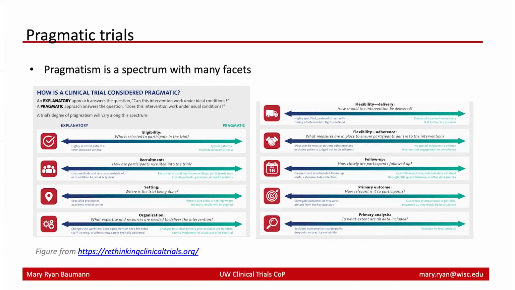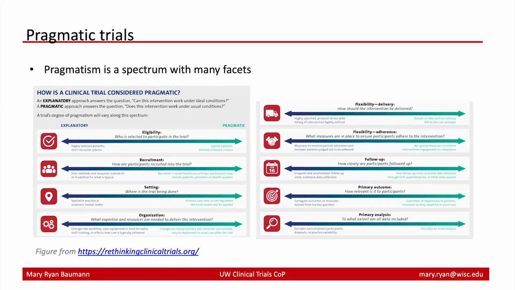We can think of pragmatism in terms of recruitment. How are you actually getting participants into your trial? In a typical explanatory clinical trial, we think about outside recruitment resources. So maybe doing some recruitment in clinic, but also maybe using flyers, doing outreach, maybe doing ads to get people to come into the enrollment setting.